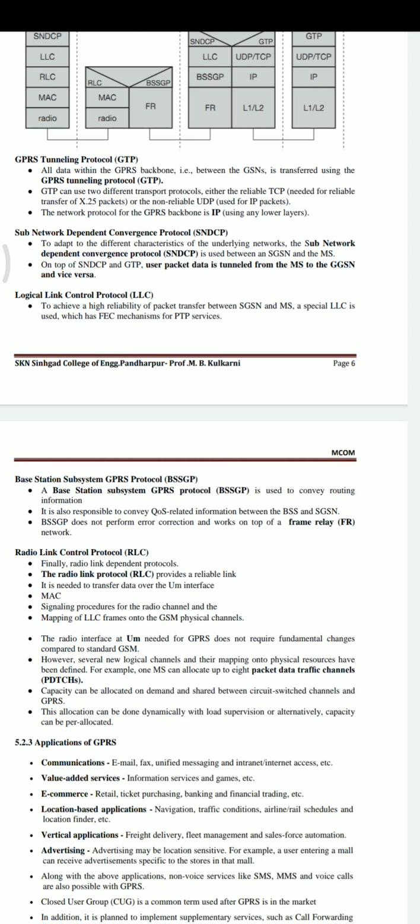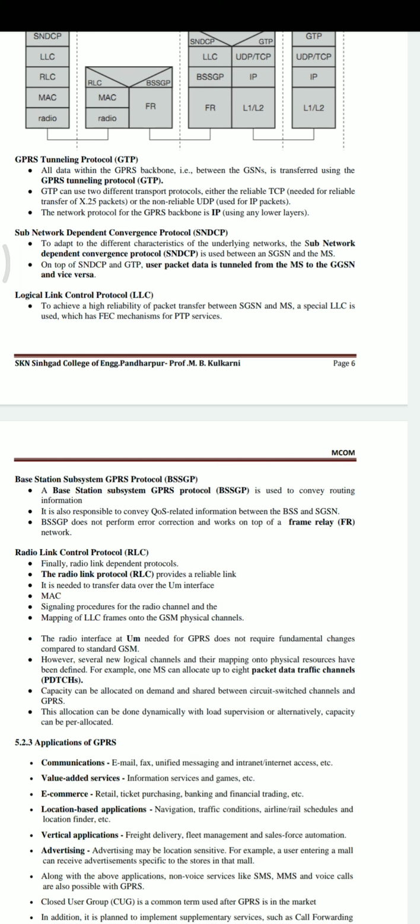So this protocol will just provide the information which is required to implement the forward error correction mechanism for that error. This is all about the base station subsystem GPRS protocol.